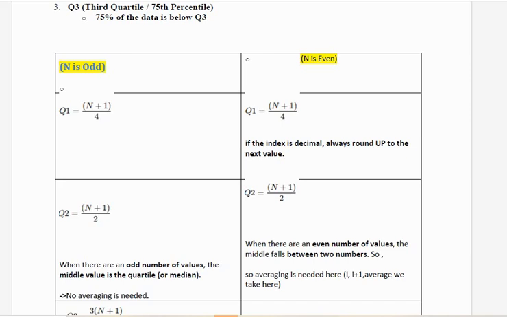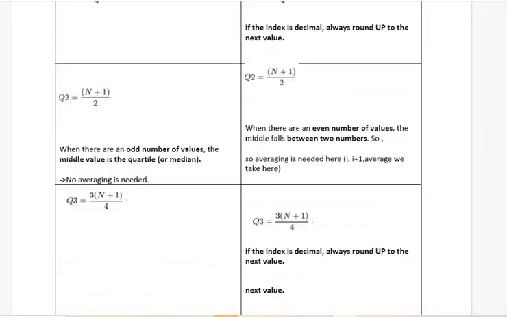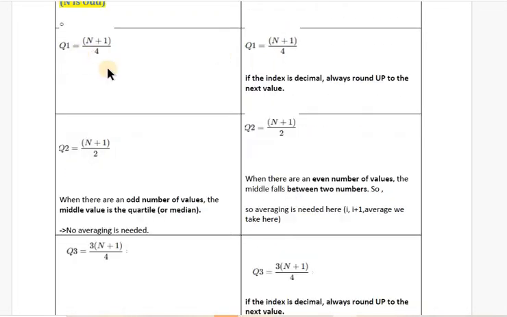But in case of odd, you will not get any decimal, so you can locate the point directly and indicate the Q1 point. For Q2, you will not get any decimal, you will get a whole number, so we directly locate it, and no averaging is needed. But here in Q2 you will get a decimal, so you take the average of I and I plus 1 for locating when the data points are even.